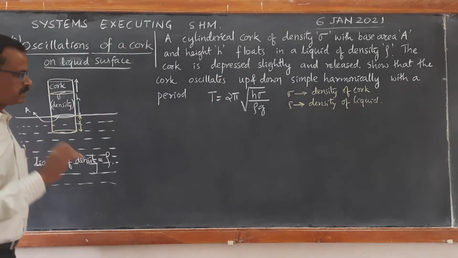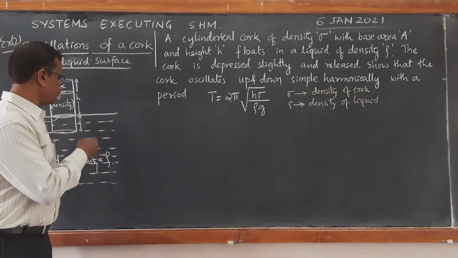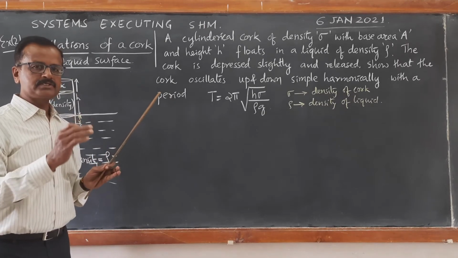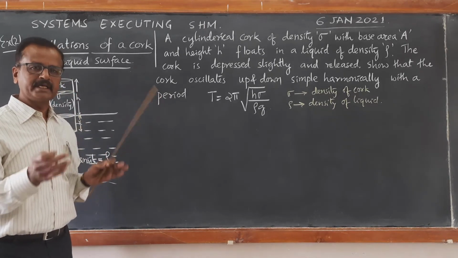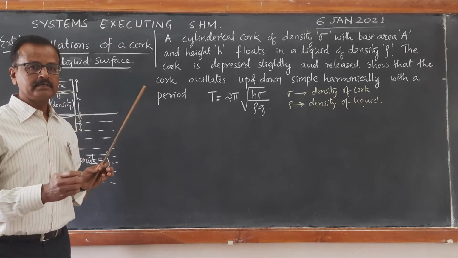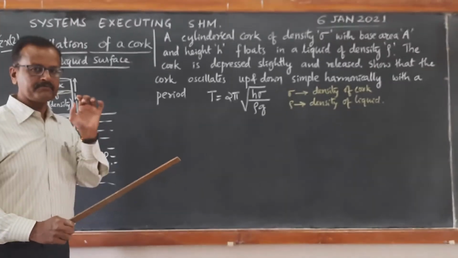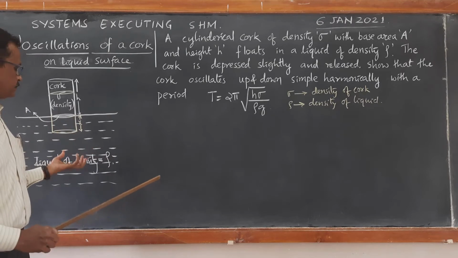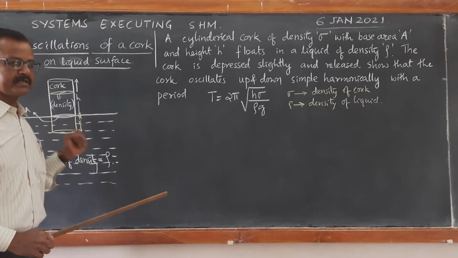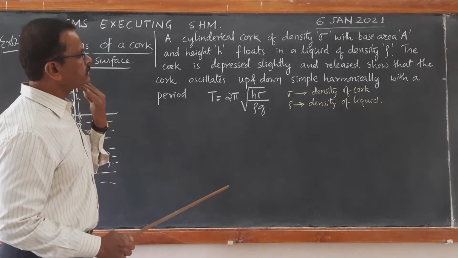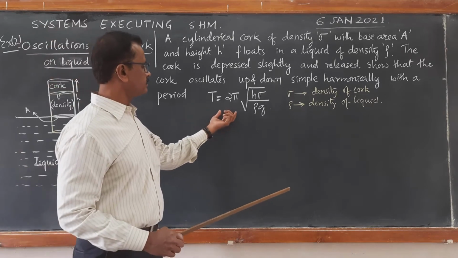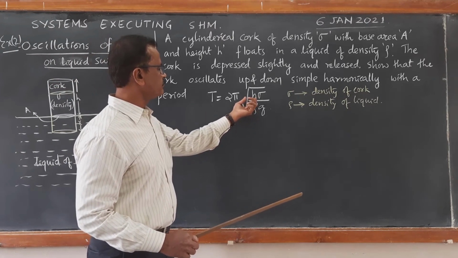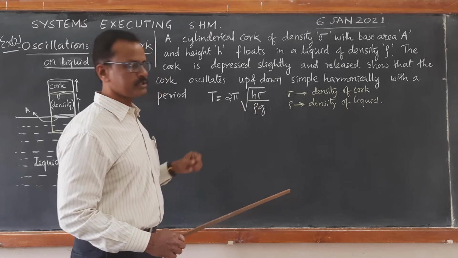Damping means that after some time, because of the viscosity of the liquid, the oscillations die out. Oscillations reduce and finally the cork comes to a halt. We are ignoring the viscosity and damping effect of the liquid. So you are asked to calculate the time period and show that it is equal to 2 pi square root of h sigma upon rho g.